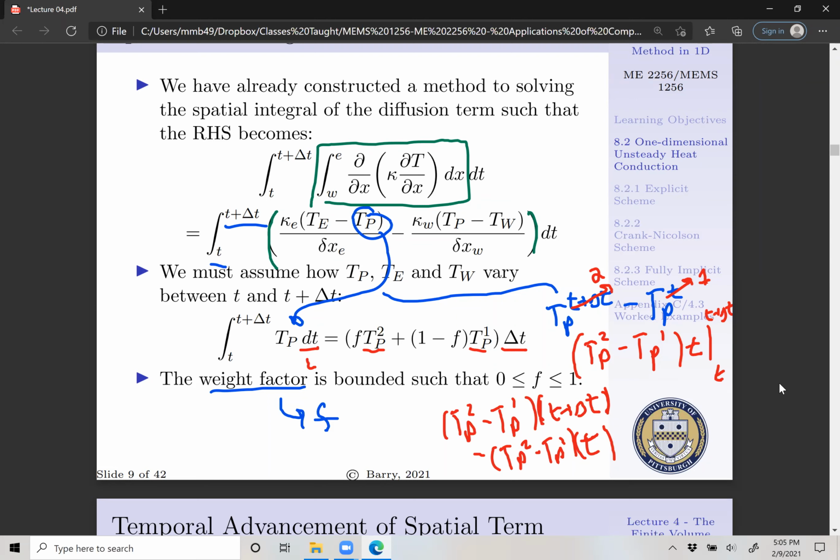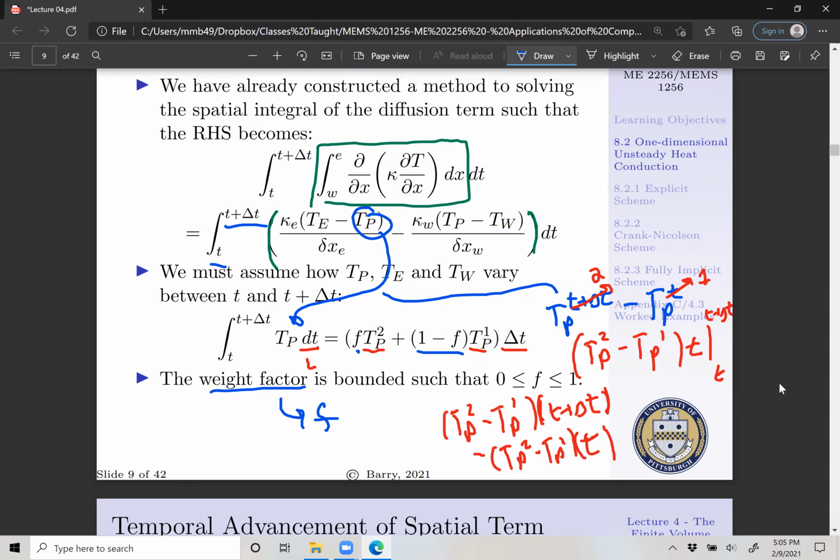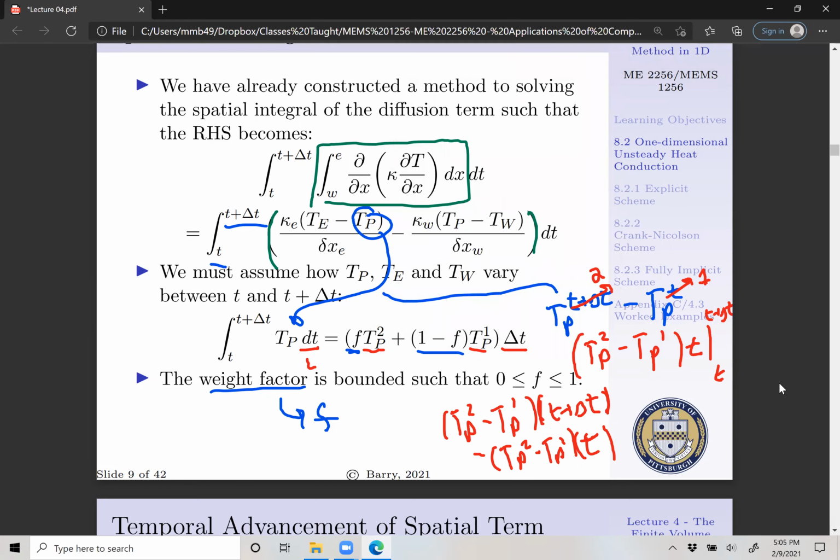Now, what we're going to do is apply a weighting factor. And this weighting factor is going to tell us how much of our solution we're going to take from our previous time step and our current time step. Now, if you guys had numerical methods, you're pretty familiar with an implicit scheme. And implicit schemes are really nice because you can take somewhat aggressive time steps and still get a solution.